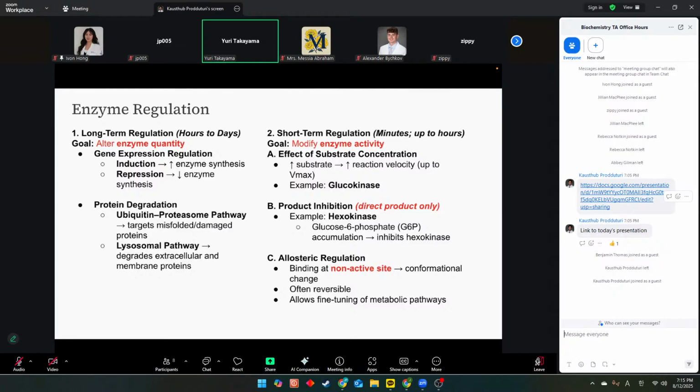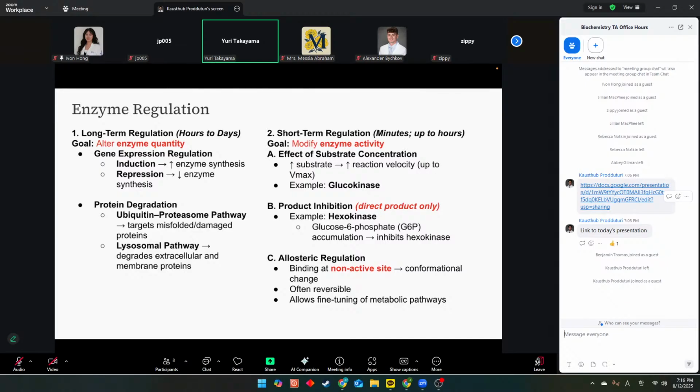And enzyme degradation happens mainly in two ways: the ubiquitin proteasome pathway for damaged or misfolded proteins, or the lysosomal pathway for membrane or extracellular proteins. Because this is based on transcription and protein turnover, the time scale is hours to days.